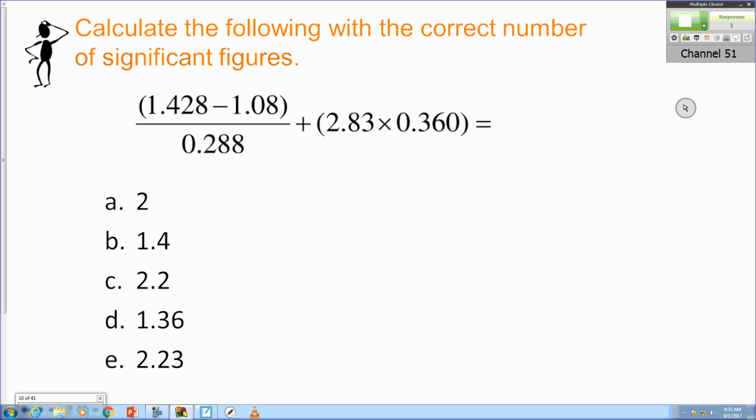When you subtract, you're supposed to go by decimal places, so you should only report 2 decimal places. Because in subtraction, you look at decimal places, not the significant figures.